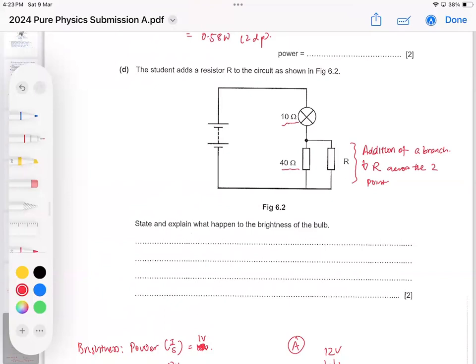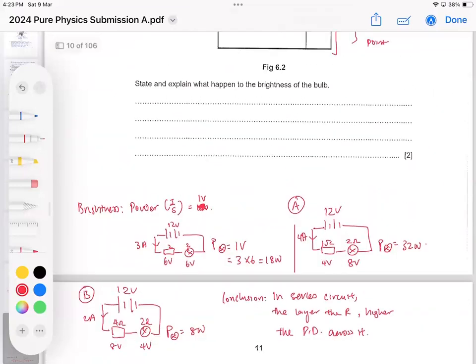Now with the introduction of a branch and a resistor on that branch, the resistance of this overall portion will drop. Like what we've seen, in a series circuit, if the resistance drops, the PD that it draws will also be lower. And in our scenario, when the other side's resistance dropped, the power actually went up. So when the power went up compared to the original case, you'll notice that the lamp will become brighter as a result of this.